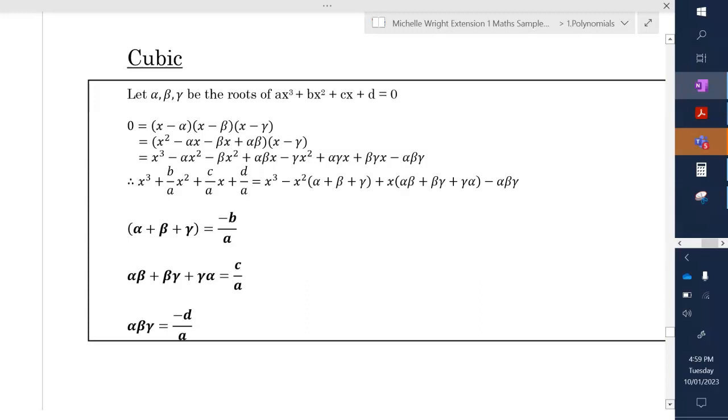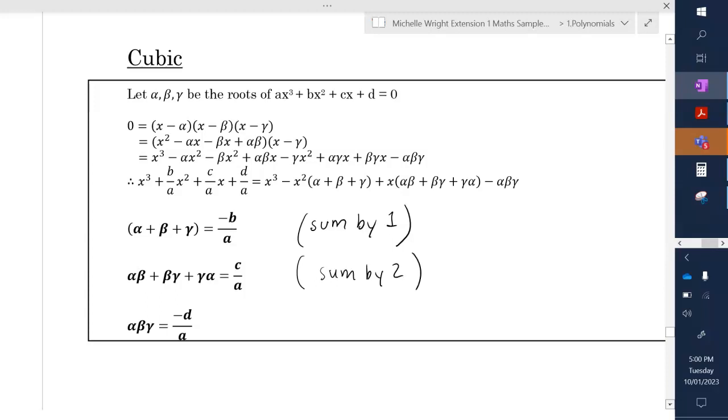That's still minus b over a. Okay, and what I like to call it is sum by 1. So I'm summing my roots 1 at a time. Because the second one is a slight variation. When we had our 2 roots for our quadratics, we just had alpha, beta. Okay, but here we're going to be summing our roots by 2.